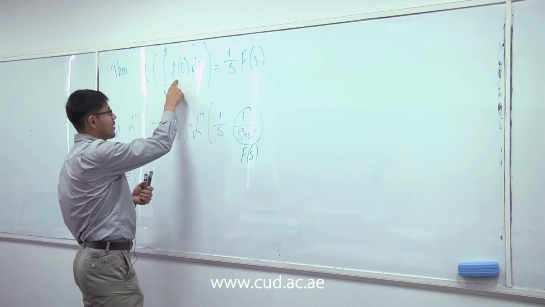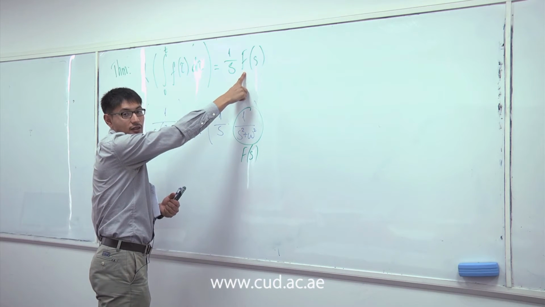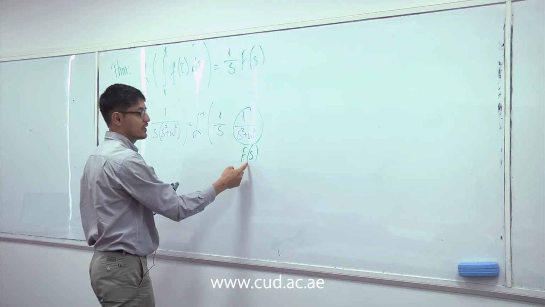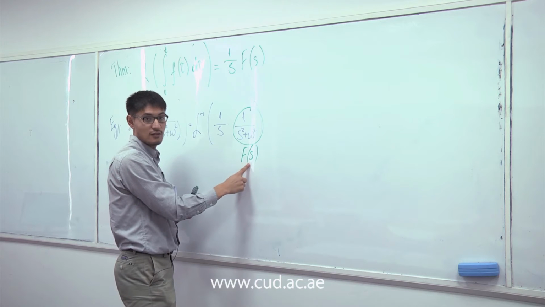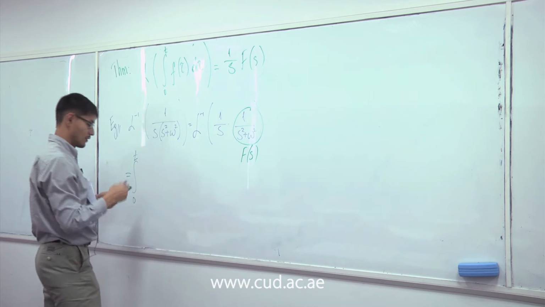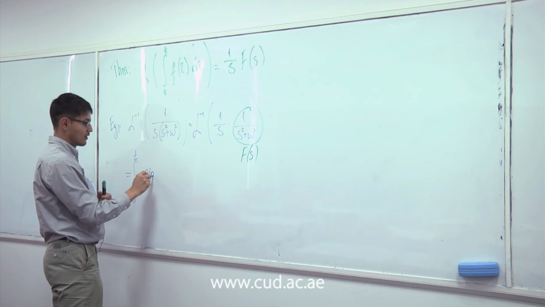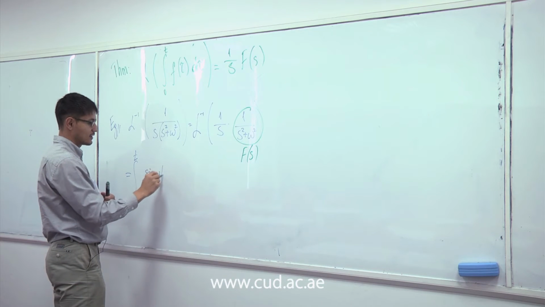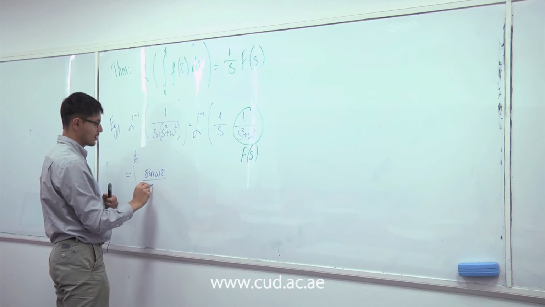Well, how can I find this little f? Little f is the inverse of big F. In our case, big F is 1 over s squared plus omega squared. So what's the inverse of this? Well, if you look in the table, you'd see it's going to be sine omega t, or in this case sine omega tau, divided by omega.